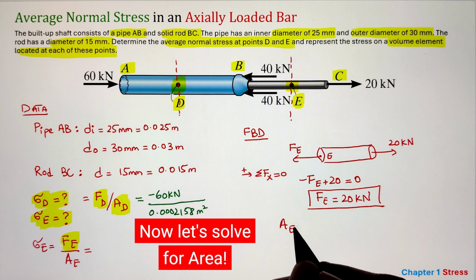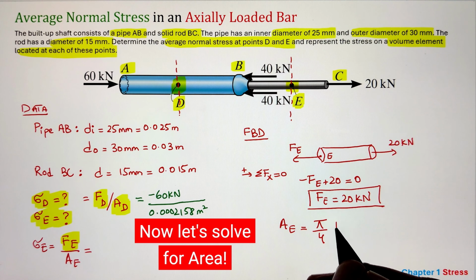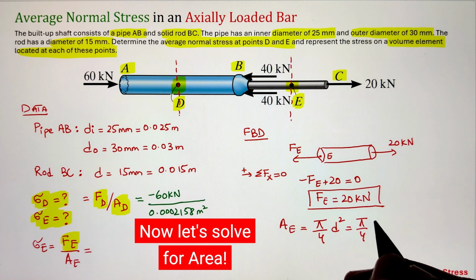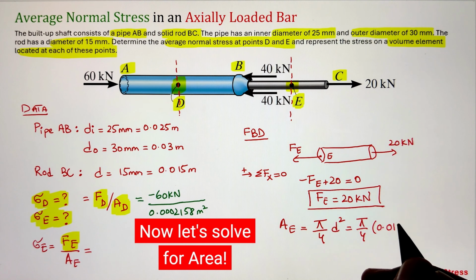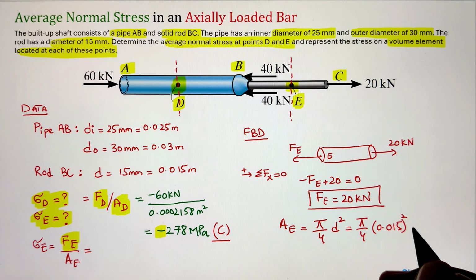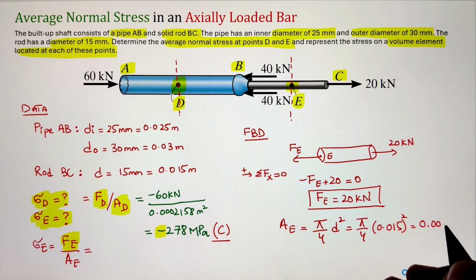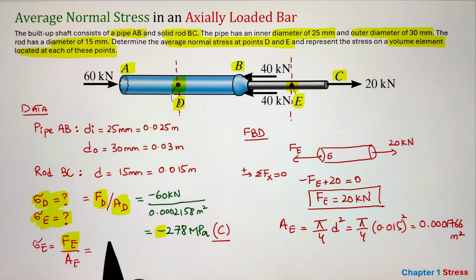Next, let's go ahead and figure out the cross-sectional area at point E. Since it is a circular rod, the area of a circle is utilized. Pi over 4 d squared, and the value of diameter was 0.015 meters here. Simplifying, we get the value of area as 0.0001766 meter squared.